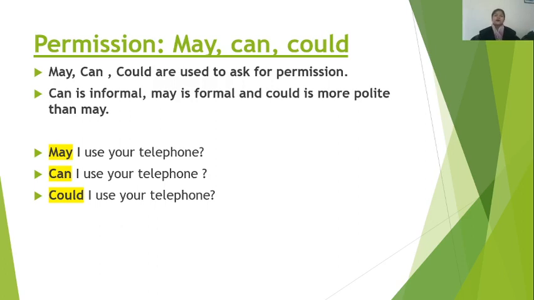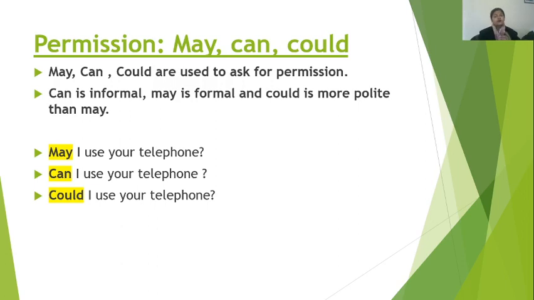Or may I go for the refreshment? So you are using may. Here the teacher is elder than you. Okay? She is more dignified person. So you are using may while asking for the permission.